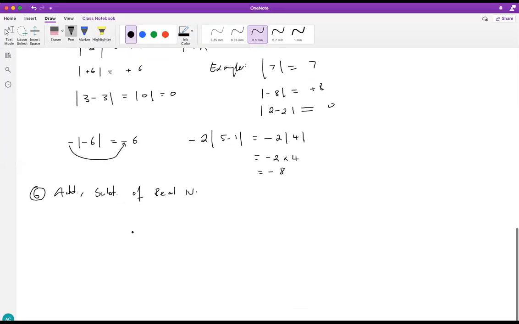So we're going to need a number line again for this. So always 0 in the middle. 1, 2, 3, 4, 5. -1, -2, -3, and so on. Made positive here.